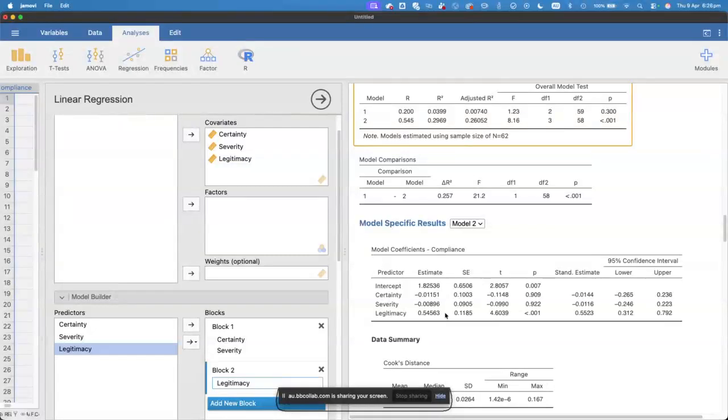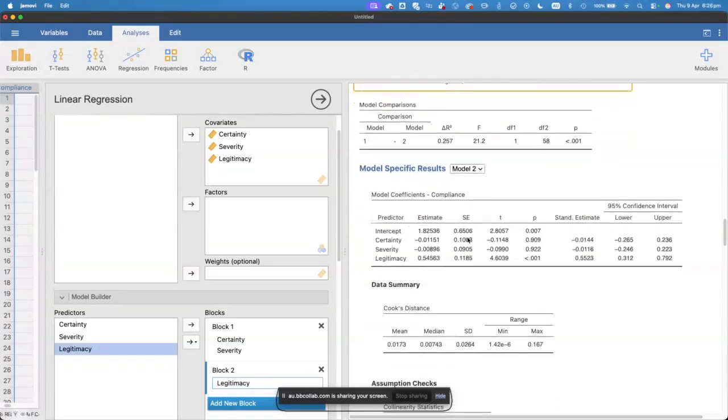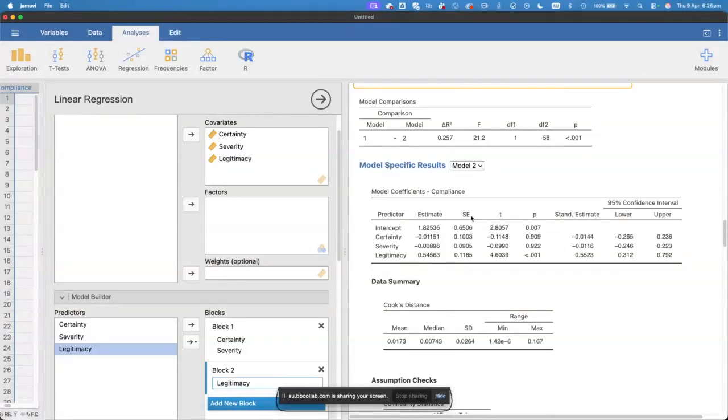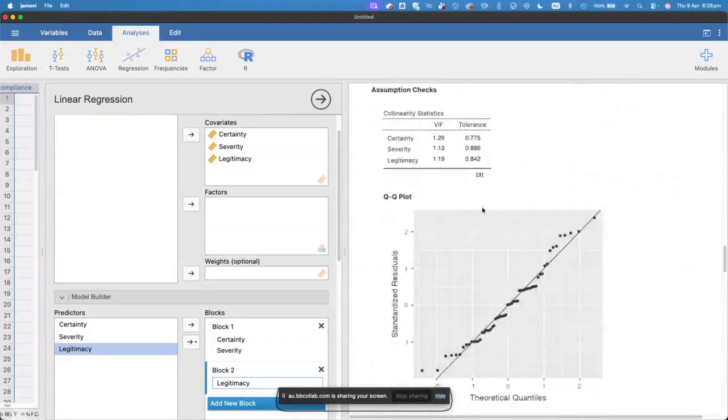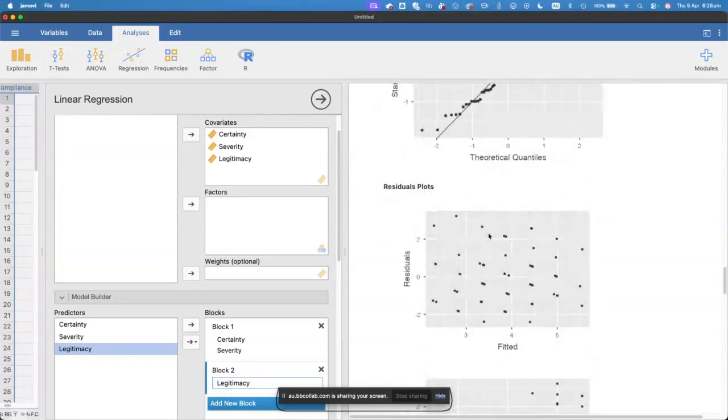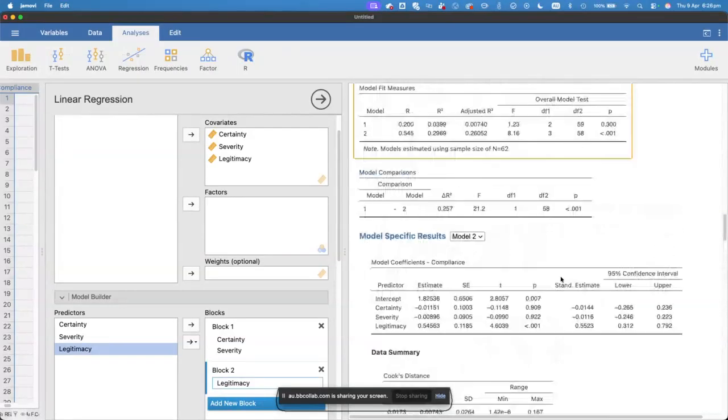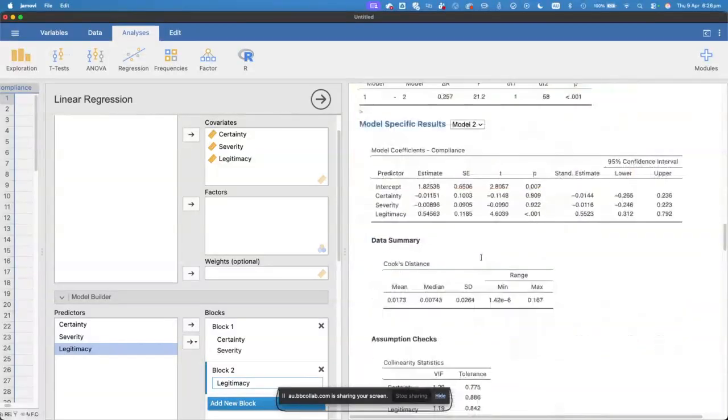That's really, really good. Then we have our Cook's distance and variance inflation factor. They're all looking good, and so is our fitted versus residuals. So all of our assumptions are met.